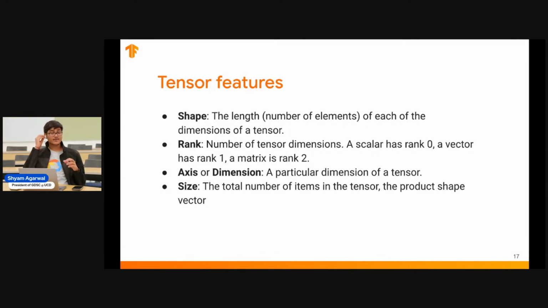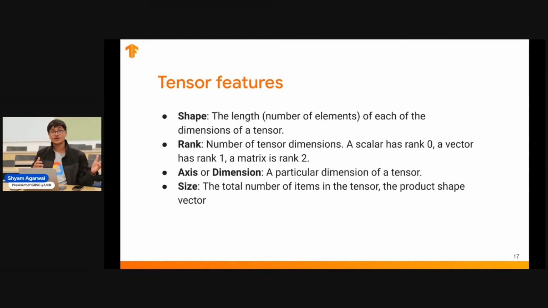Let's now talk about some tensor features. Tensors are all inspectable, which basically means you can describe them and inspect them. We have a lot of different features corresponding to a tensor. The biggest one, which you'll see a lot, is shape, which is basically the length, or the number of elements, along each of the axes. So for example, if I have 5 axes in my tensor, each axis might have 10 elements. In that case, my shape is 10. Rank is the number of tensor dimensions.